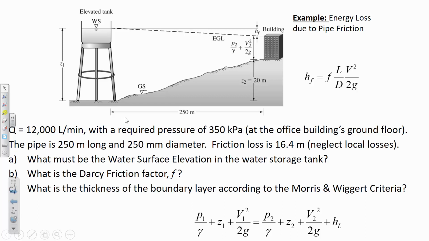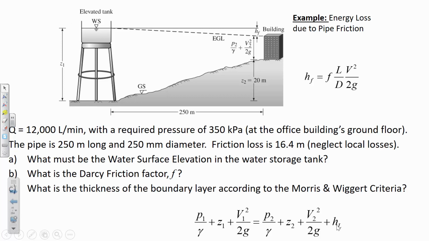We know the pipe length is 250 meters, and the diameter is 250 meters. And the friction loss is 16.4 meters. If you know the friction loss, then that in effect tells you what elevation you need inside the tank to be able to deliver the water.